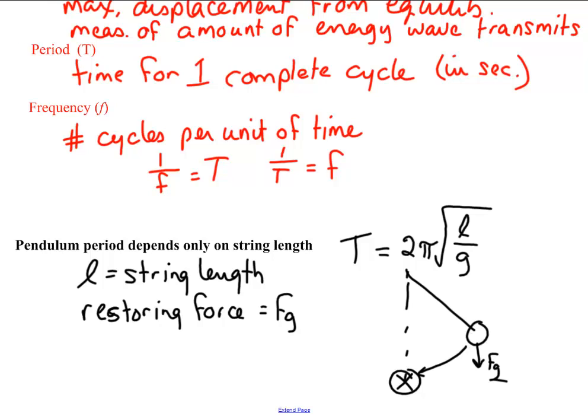The larger amplitude also creates a larger restoring force. So if we bring it up higher, it's going to have a larger amplitude. It has a larger acceleration, but it also has to cover a larger distance, so the period is the same.